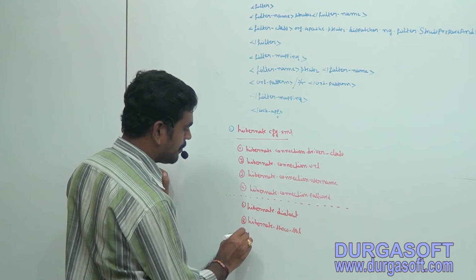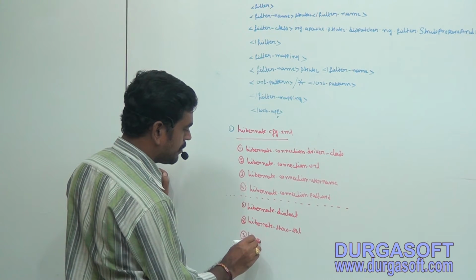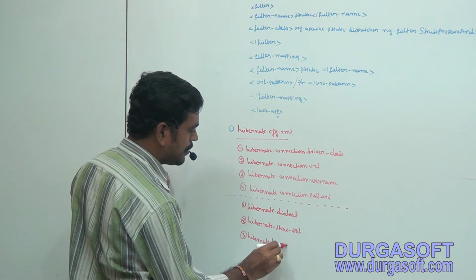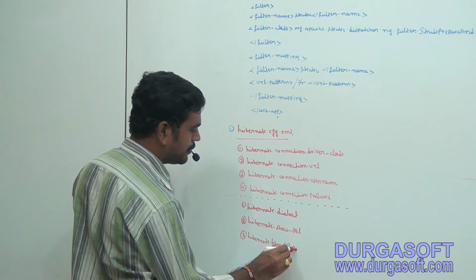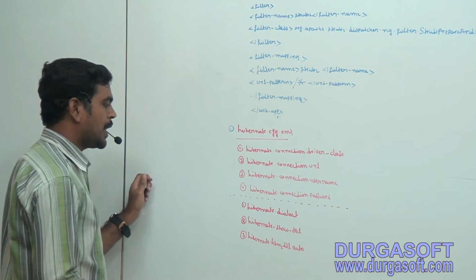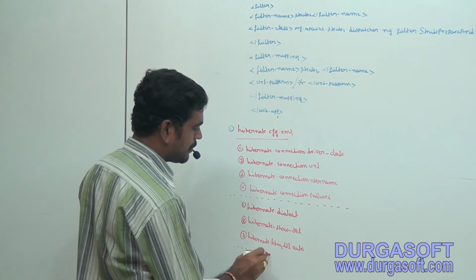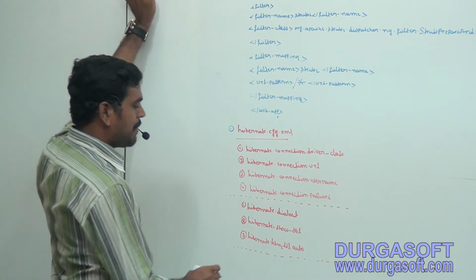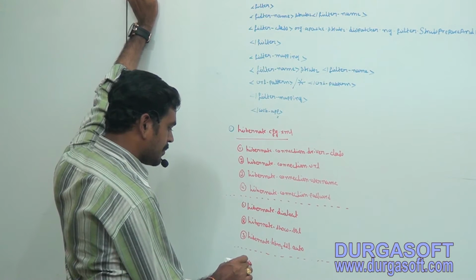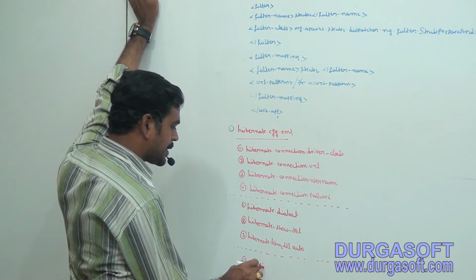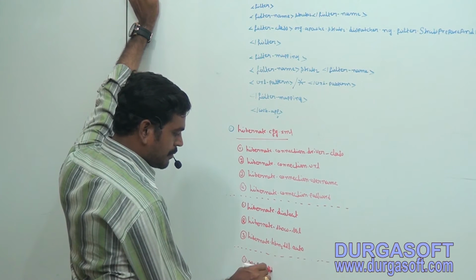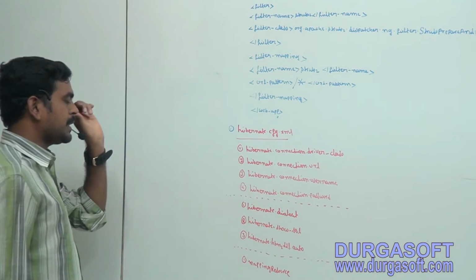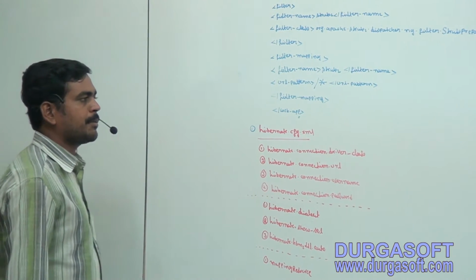Number three, hibernate.hbm2ddl.auto. These three are Hibernate properties. Then finally we can pass mapping resources. These three things we can pass inside this hibernate.cfg.xml.